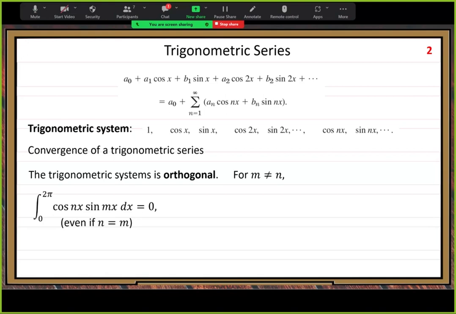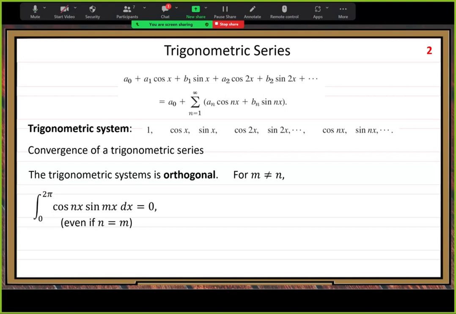Here we even allow n and m the same, because cosine and sine are different functions. When the basis functions are different, the integral of the product equals 0. That's the orthogonality.